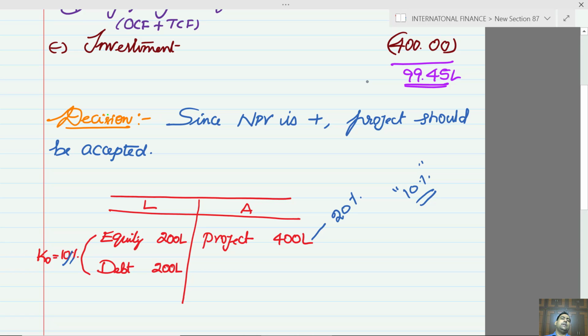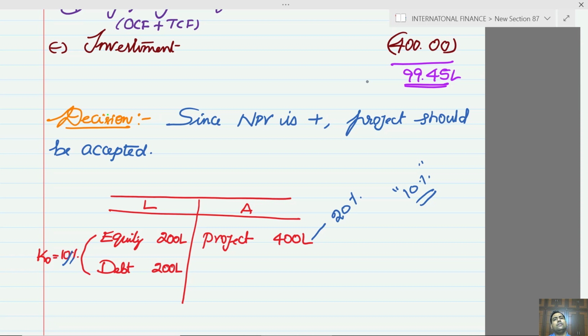So if you ask me, when do you have positive NPV, when do you have negative NPV? The answer is so simple. When you are getting money at 10%, you must make investment at a rate more than 10%. When you are investing at more than 10%, you will always be in profit.